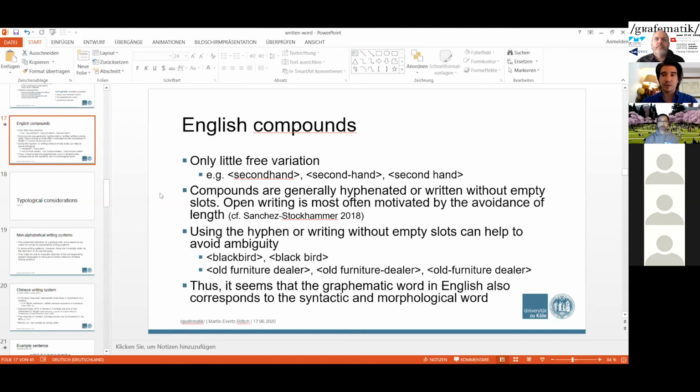So we have an accuracy rate of approximately 80%. So of course the picture is more complicated, but this is an approximation: if you are looking for a correspondent of English graphematic words, it's most likely also the morphological and the syntactic word.